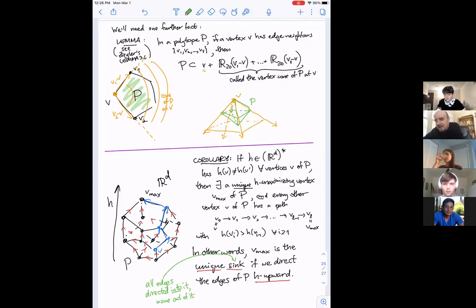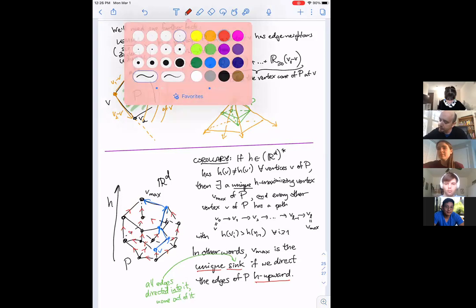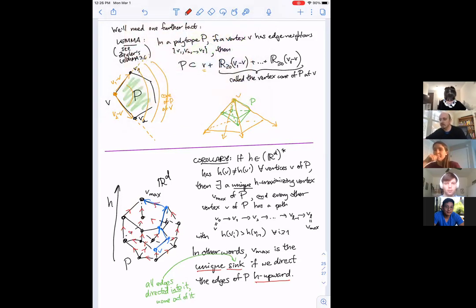And why is this the same thing as saying that every vertex has such a path to this unique Vmax? The point is, if only Vmax is a sink, oops, I forgot to direct one of its edges. That one's supposed to be directed into it.